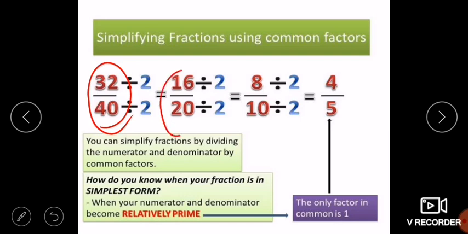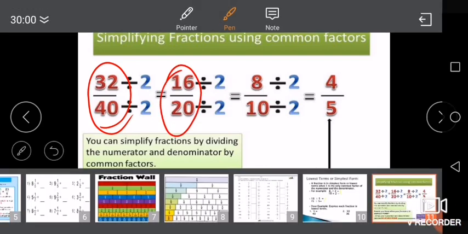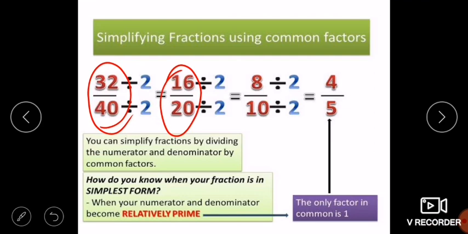What will we get? 16 by 20. 32 divided by 2 is 16, and 40 divided by 2 is 20. Now in 16 and 20, again 2 is the common factor. Then 16 divided by 2 is 8, and 20 divided by 2 is 10.